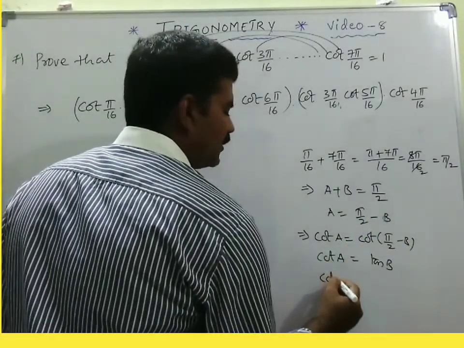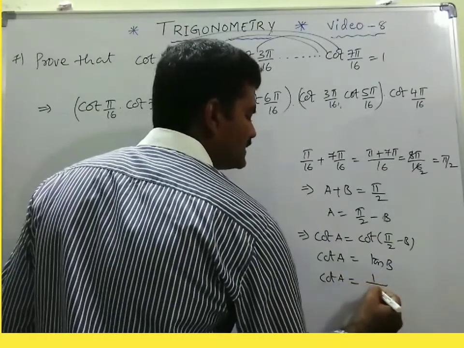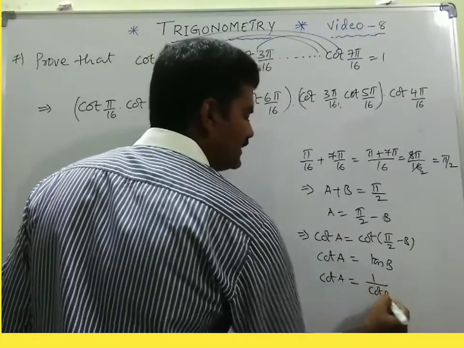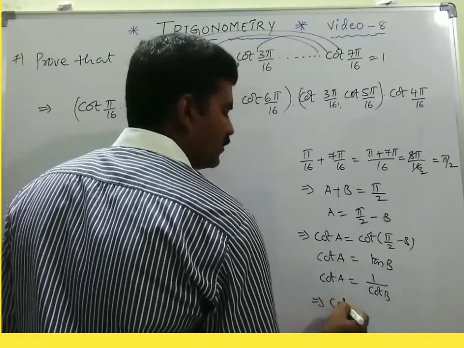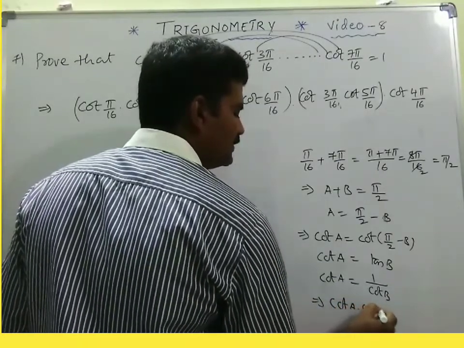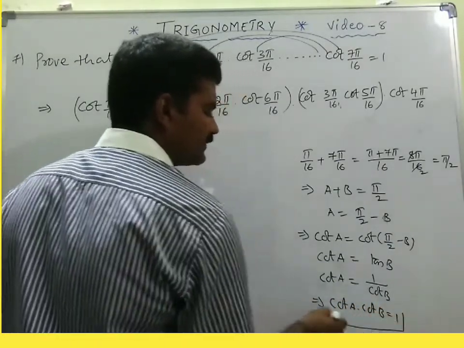So cot A is equal to 1 by cot B. So finally cot A into cot B is equal to 1.